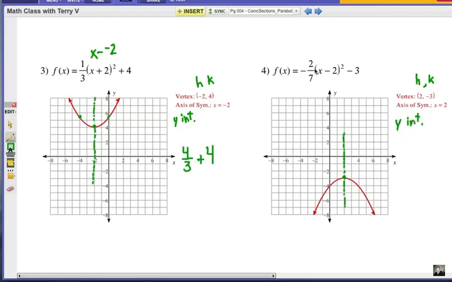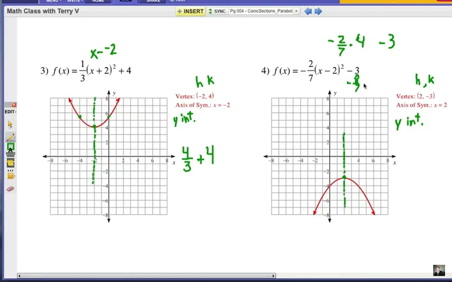Substitute 0 in for x, so that'll be -2 squared, which would be 4. -2/7 times 4. Let's write that out and see what happens. All right, don't forget to subtract 3. Now that would be -8/7 take away 3.